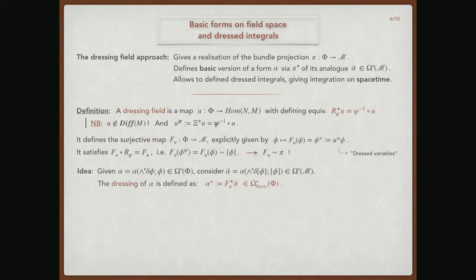And formally you say, I will define the dressed form as simply the pullback of that object, which lives on M, back into the bundle. So if you are on the base manifold and you have the projection that goes from the field space down to the base, and you have a form on the base space and you pull it back, you move back onto the field space. That's the concept of this operation. But the nice thing is that by definition, this object is now basic, because the definition of a basic form is that it is pi star of a form on the moduli space, right? So that's what we got here.